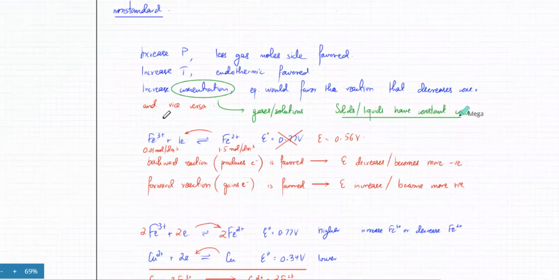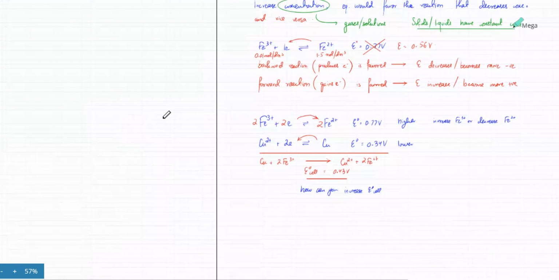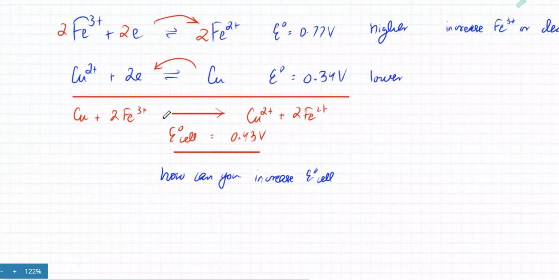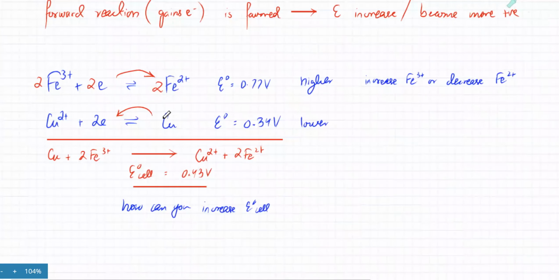So you can't really do much over here with copper; that's kind of fixed. But you can decrease the concentration of copper 2+, right? So over here you could decrease the copper 2+ concentration.